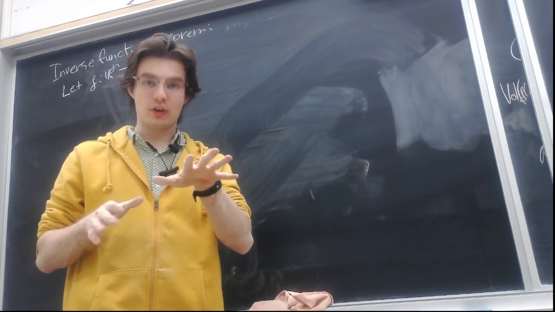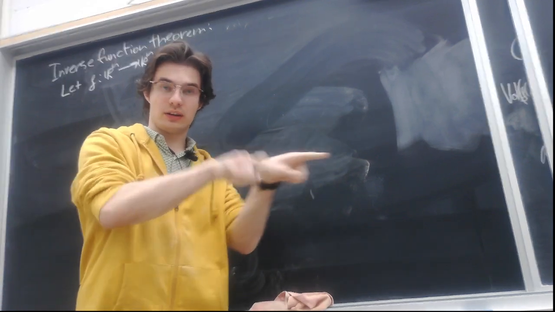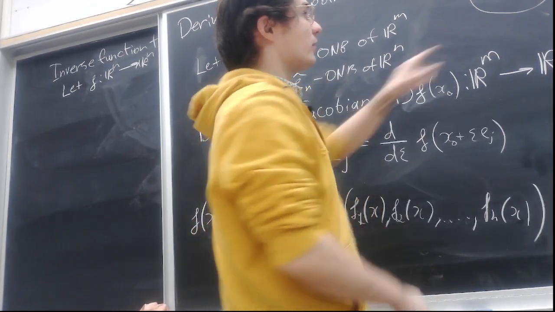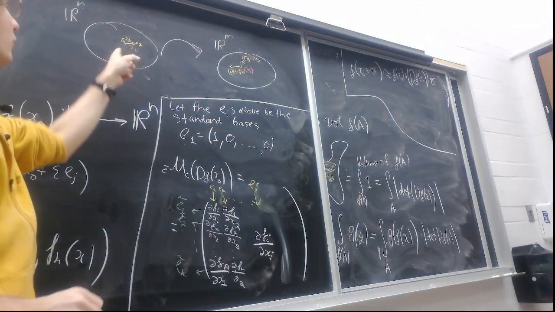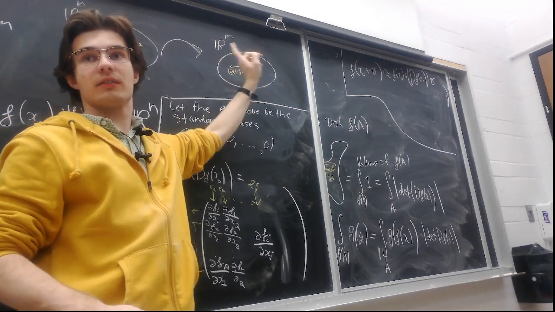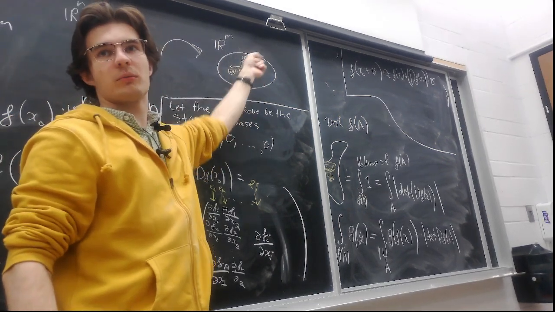So if the Jacobian is invertible, this means that every direction in this space gets mapped to some direction in here. Going somewhere here means that I'll be going somewhere in there.